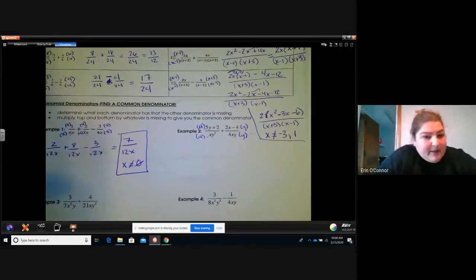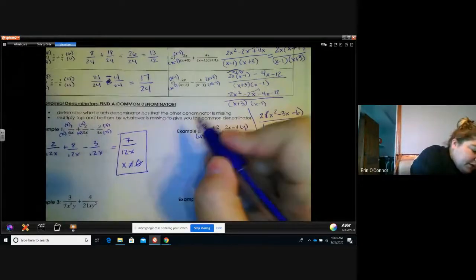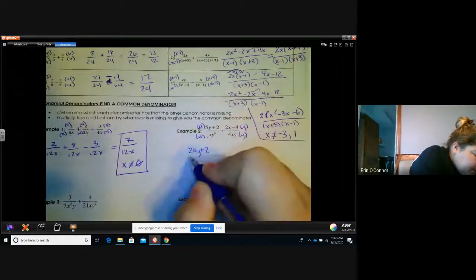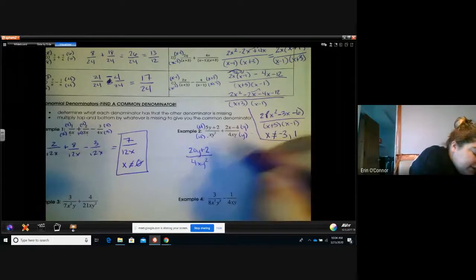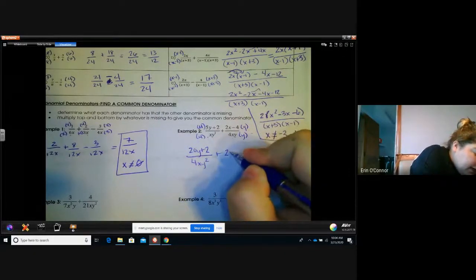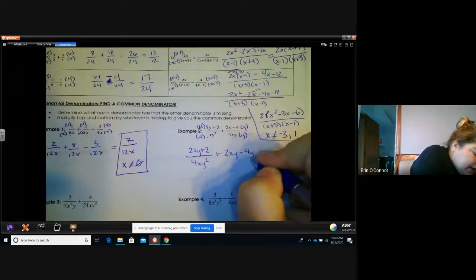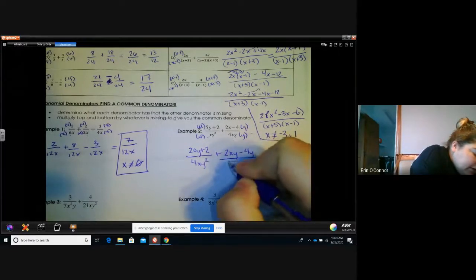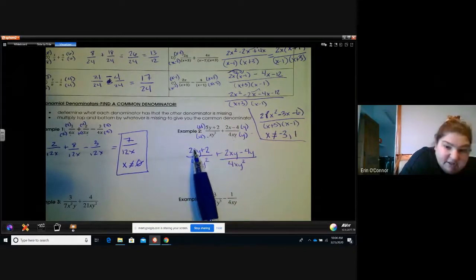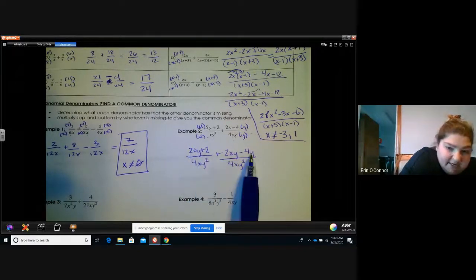Okay? So now that I have that, 4 times this is 20y plus 2 over 4xy squared, plus y times this is 2xy minus 4y over 4xy squared. The only like terms are 20y and negative 4y.